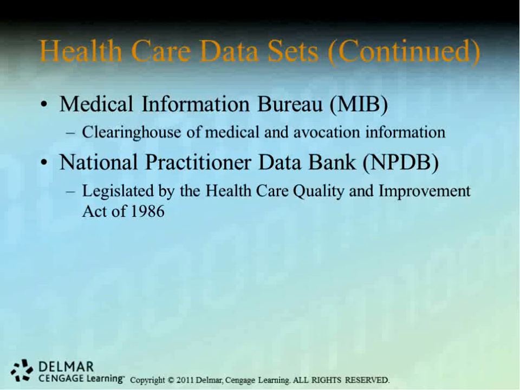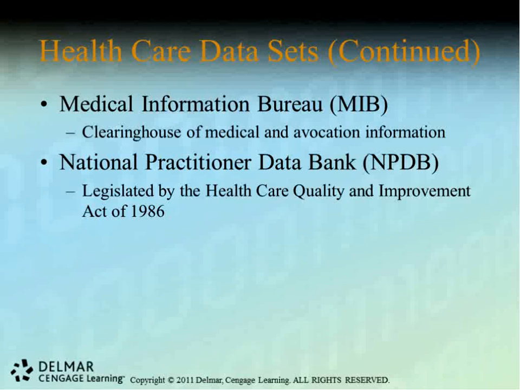Your National Practitioner Data Bank is for physicians. It's legislated by your Healthcare Quality and Improvement Act of 1986, and basically it's put in place to capture medical malpractice events on physicians. That database is going to contain information about practitioners who have malpractice incidents or have unprofessional behaviors, and it is used to restrict their ability to move to different states.